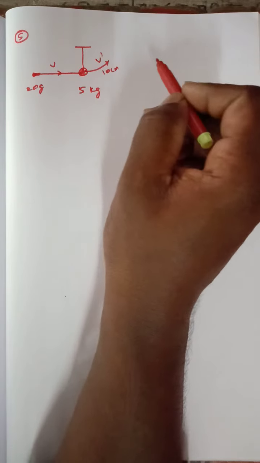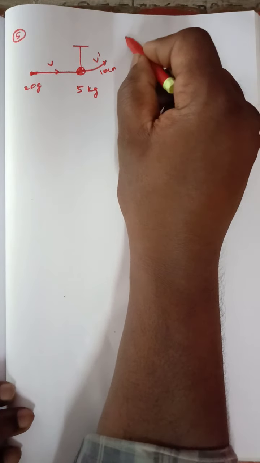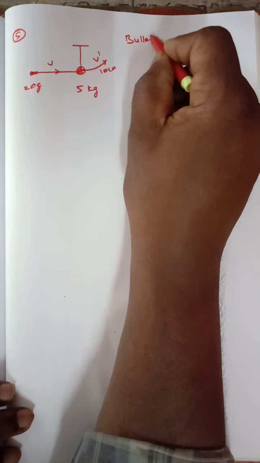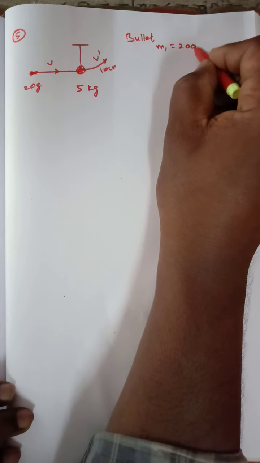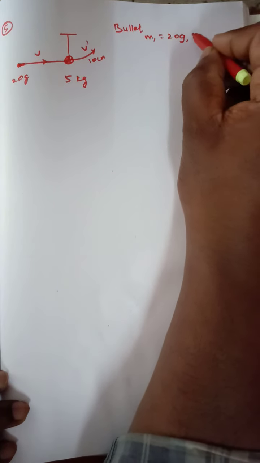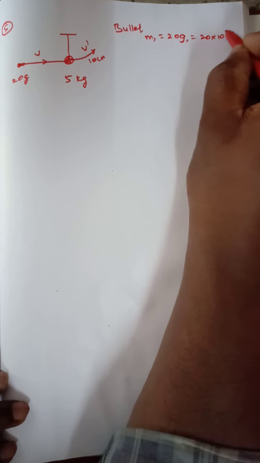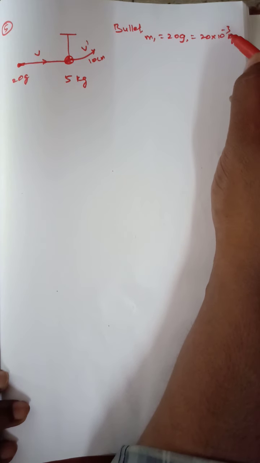First write the given data, the mass of the bullet. For the bullet, its mass m1 is equal to 20 gram. We have to convert it into kilogram. So we write 20 into 10 to minus 3 kilogram, because 1 kg is equal to 1000 gram, so 1 gram equals 10 to minus 3 kilogram.